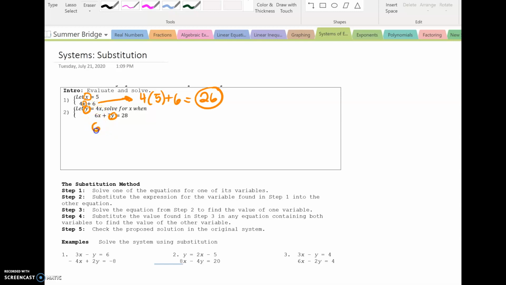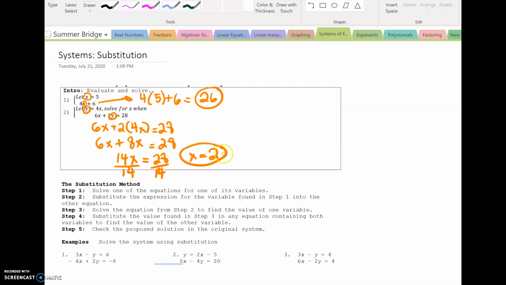So that's what I'm going to do. 6x plus 2 times 4x, and that's going to equal 28. So I have 6x plus 8x is equal to 28. 6 plus 8 is going to be 14x, and that's equal to 28. Divide both sides by 14. So x is equal to 2.